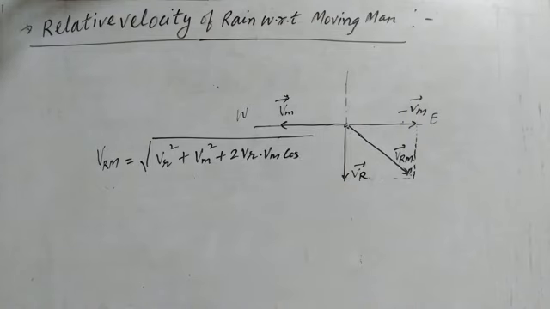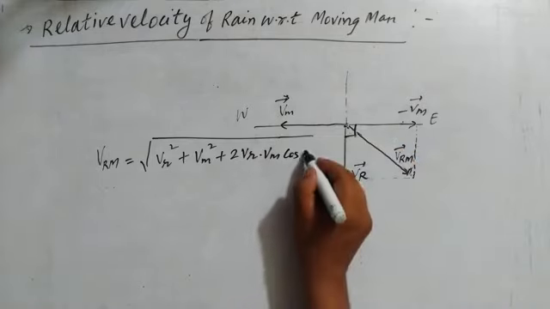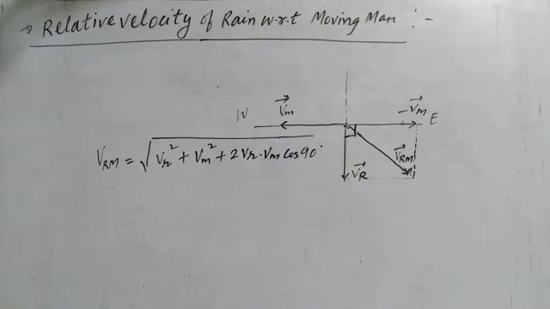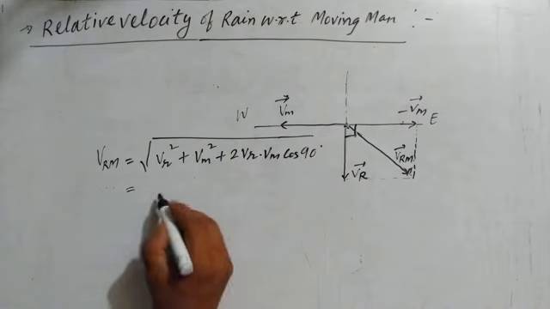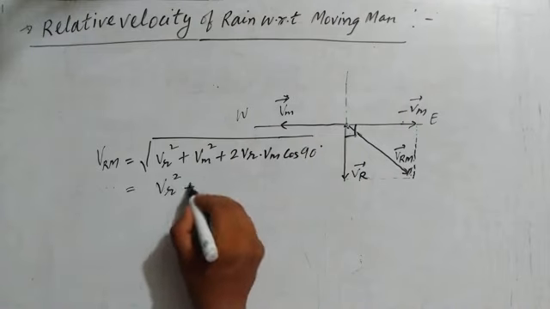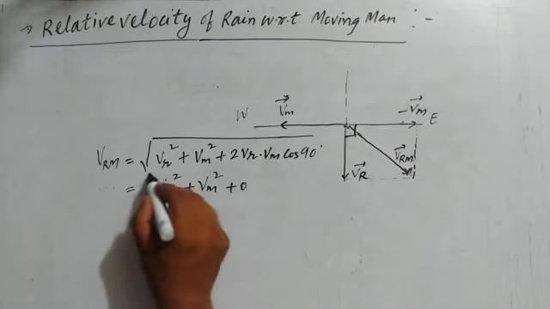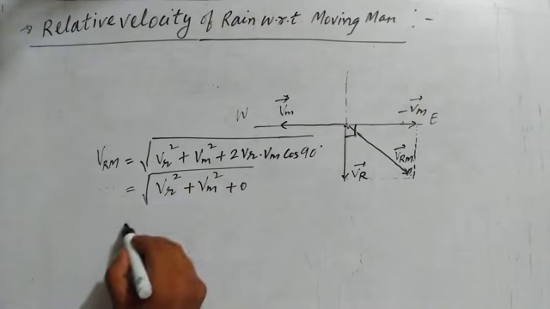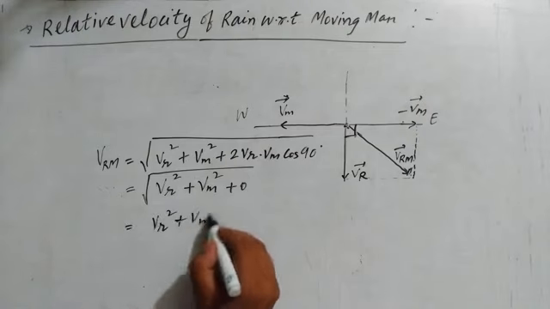Now the angle between Vr and minus Vm is 90 degrees, but cos 90 is equal to 0, therefore we are left with Vr square plus Vm square plus 0, or under the root Vr square plus Vm square.